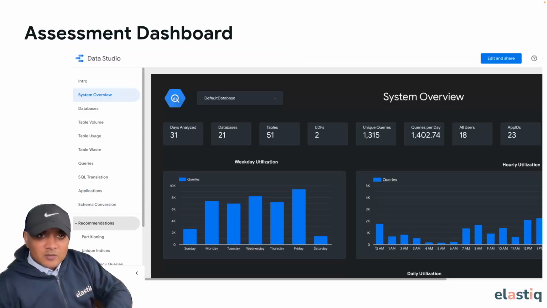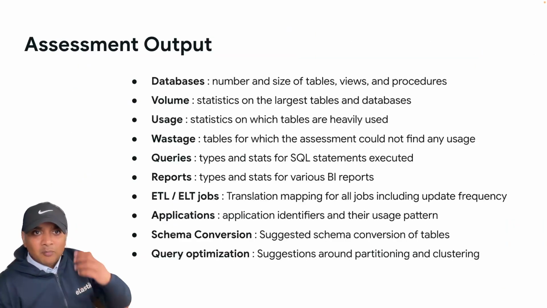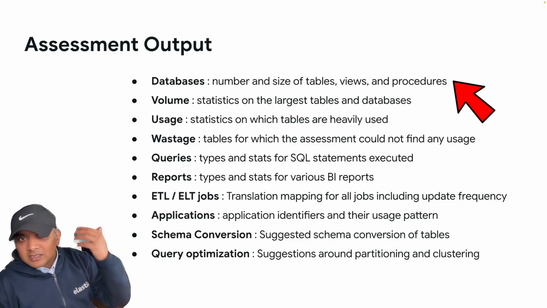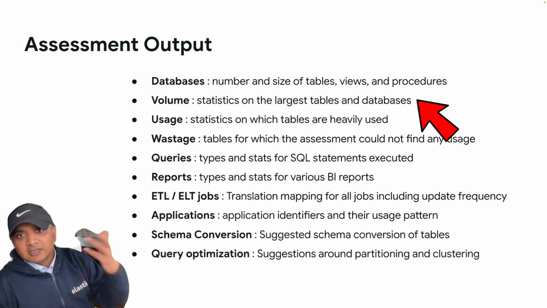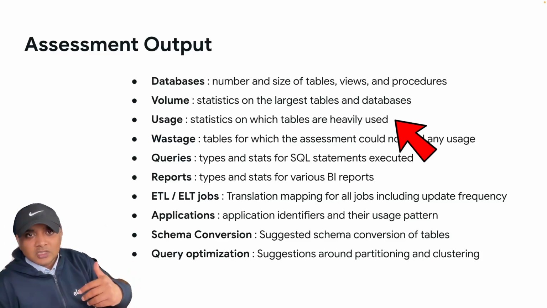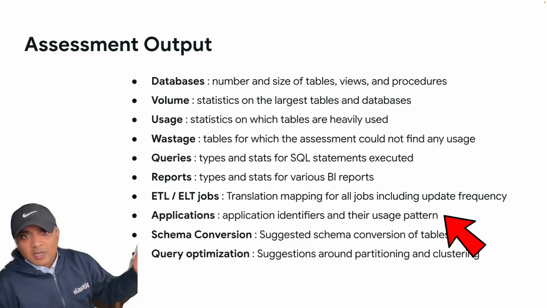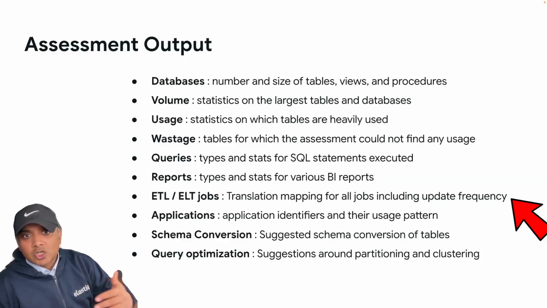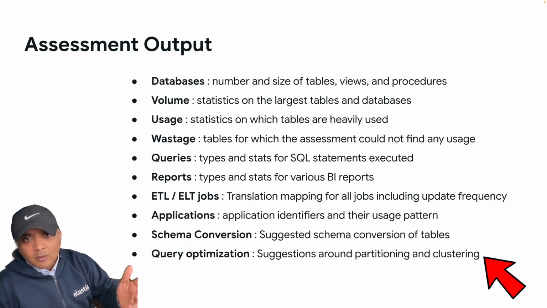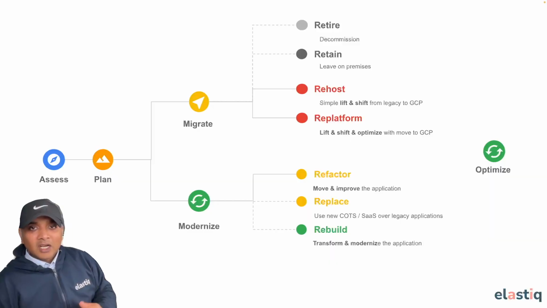So here is the dashboard that it produces, and we basically get what are the databases, what are the volumes in each of the databases and tables and so on and so forth, what is the usage analysis, what is the wastage, what are the query patterns, reports, upstream downstream systems, ETL jobs, schema conversions, query optimization suggestions, and so on and so forth.